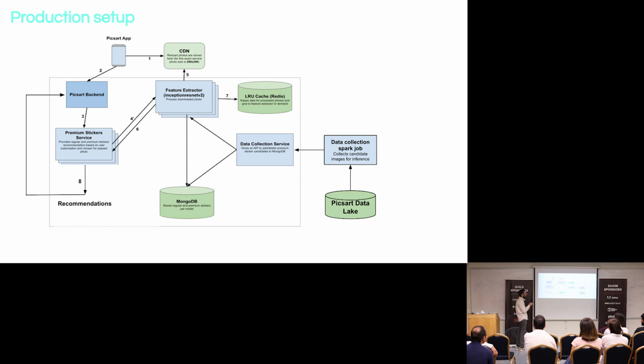The sticker service sends a request to the feature extractor, and the feature extractor gets the features from the uploaded image, and also sends the candidate stickers' features to the service. The service does a similarity search here, and after that we get recommendations, send them to the backend, and the backend shows the recommendations to the user.